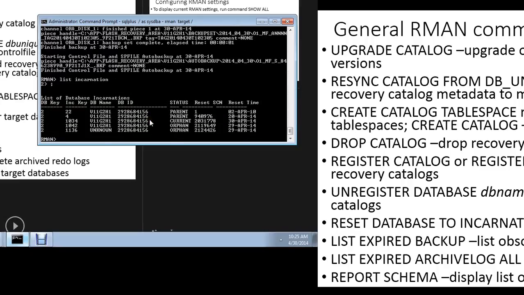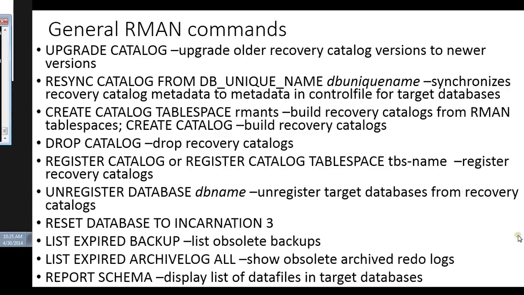So basically, incarnations, let me see if I can phrase it right. Anytime you issue a reset open, when you do an instance recovery and you're restarting your database, everything is going to be internally reset.